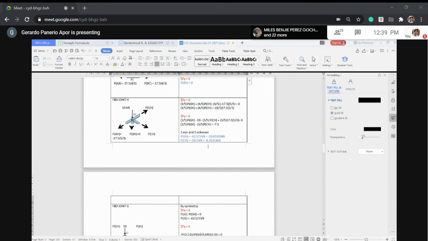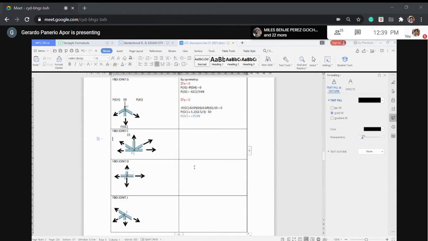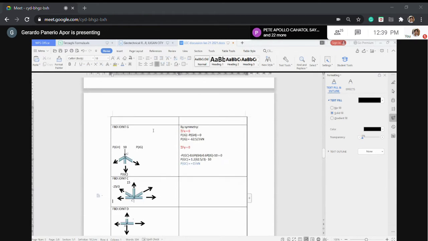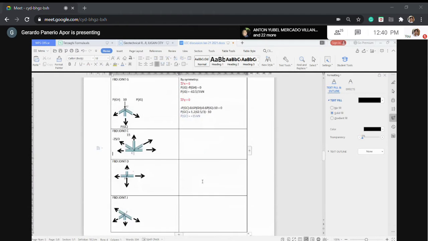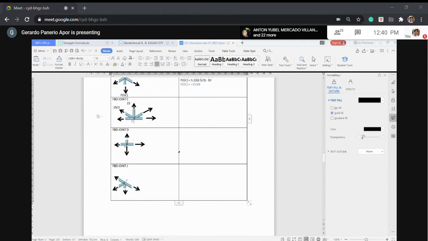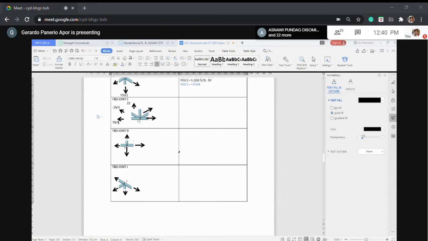PCH is negative 25 divided by 3, and this one here is positive 70 divided by 3. Okay, so this is 70 divided by 3.